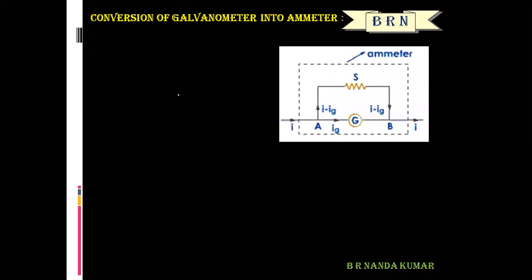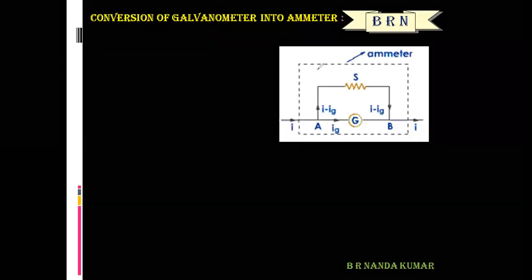Conversion of galvanometer into ammeter. A galvanometer can be converted into an ammeter by connecting a very small resistance called a shunt.